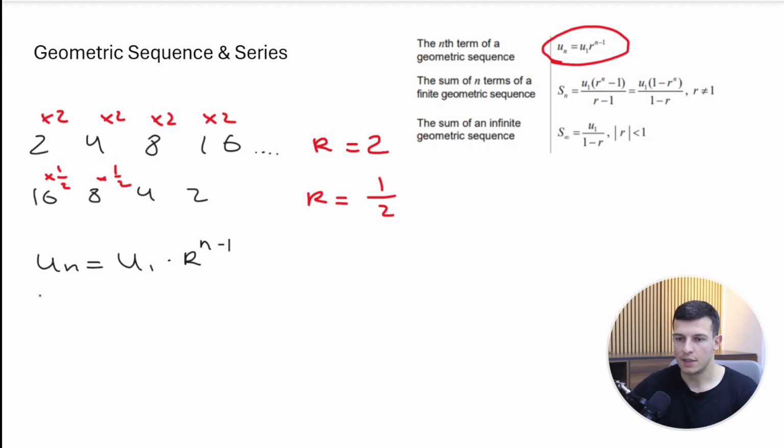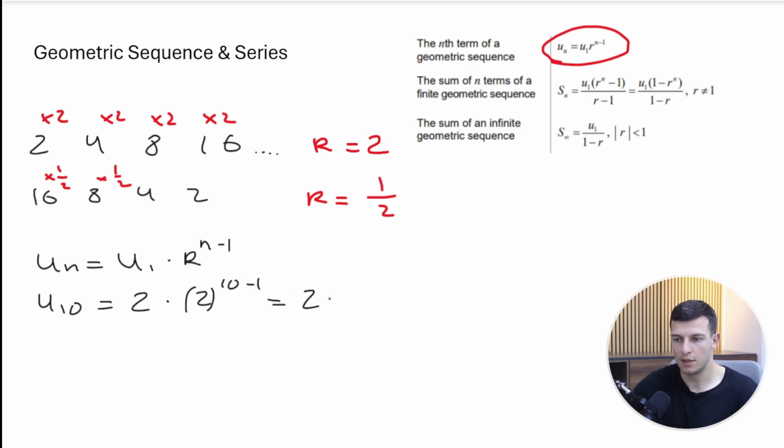So let's test something out. For example, u10. u10 is going to be equal to u1, which is 2, times r, and I'm looking at the first sequence here, 2, 4, 8, 16. R is 2, and n minus 1 is going to be 10 minus 1.